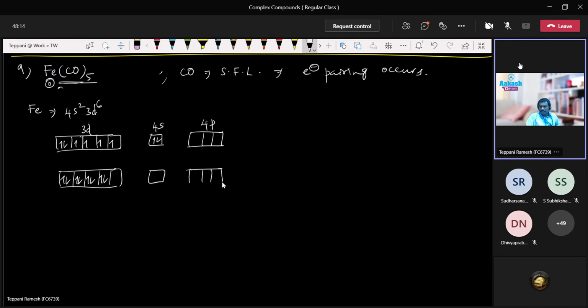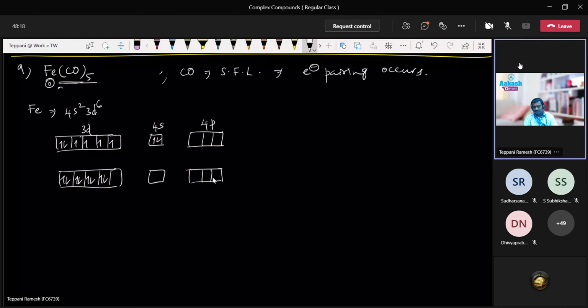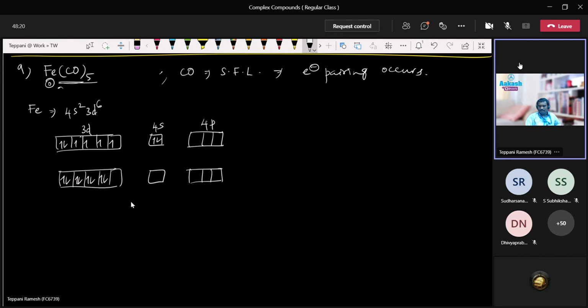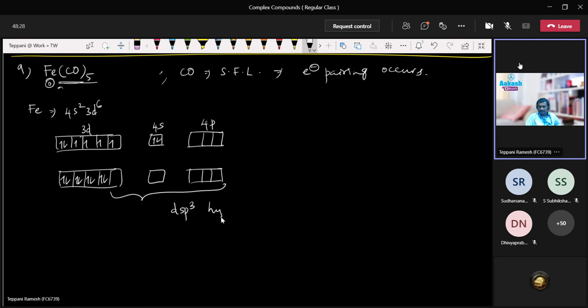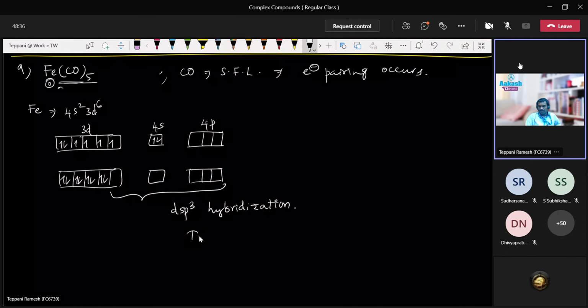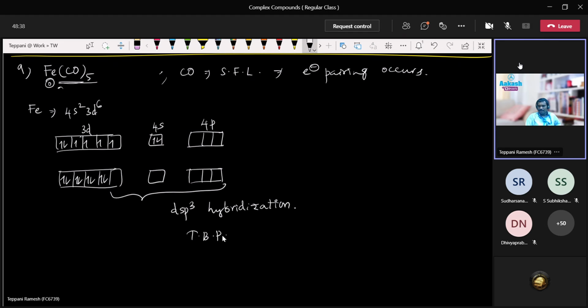Then how many vacant orbitals are required? Five vacant orbitals are required because five ligands are approaching. dsp3 hybridization, so TBP, trigonal bipyramidal.